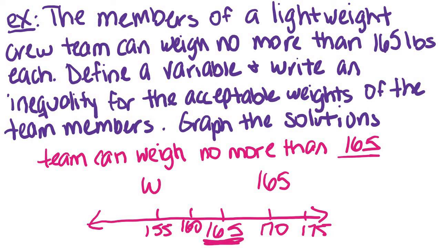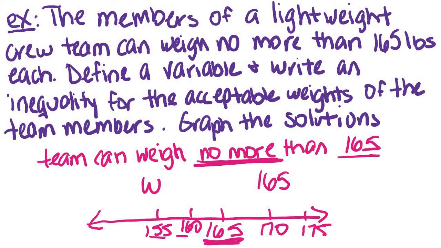So what can it be? Can it be 170? No, because that's more than 165. We want no more than. So 165 is the max it could be. It could be 155, it could be 160, doesn't matter. But the max it could be is 165.